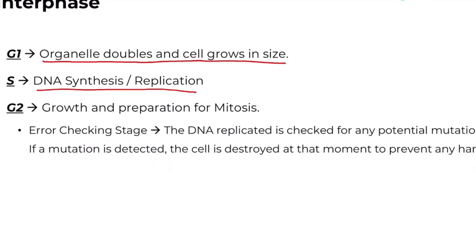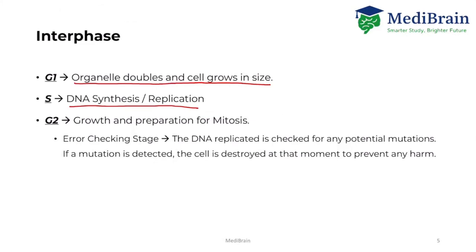Okay. Now, the second part is not really something you need to explicitly know for A level. However, it's useful to know. So we know that we're preparing for mitosis, and one of the key stages that is also present is the error checking stage. Sometimes when your DNA is replicating, you can have mutations, and if you have mutated DNA, then that can lead on to a knock-on effect.